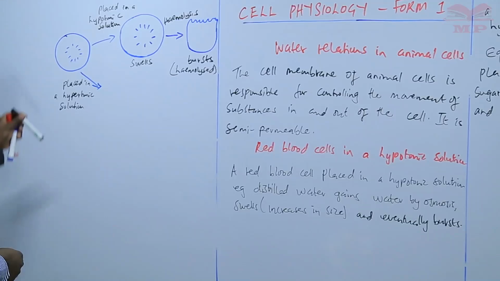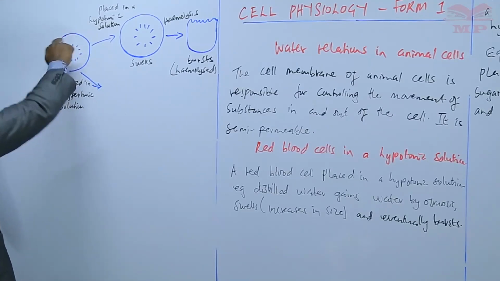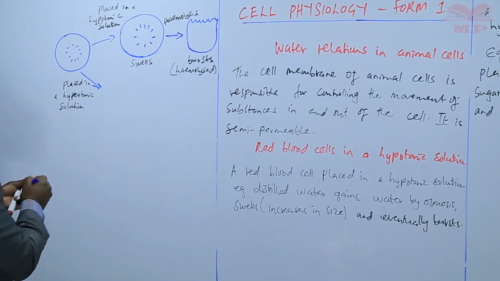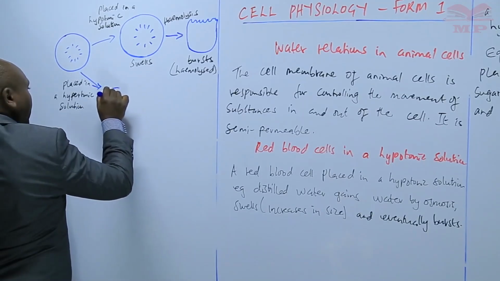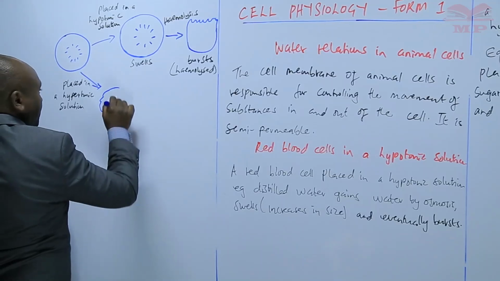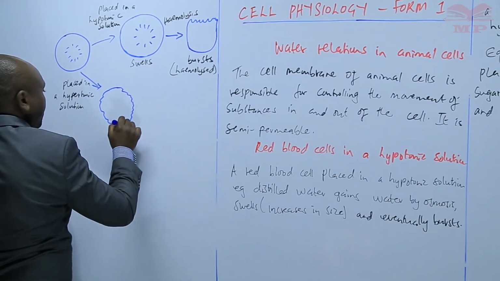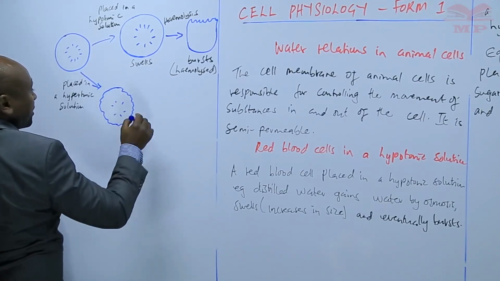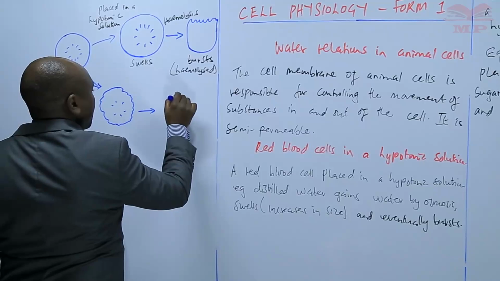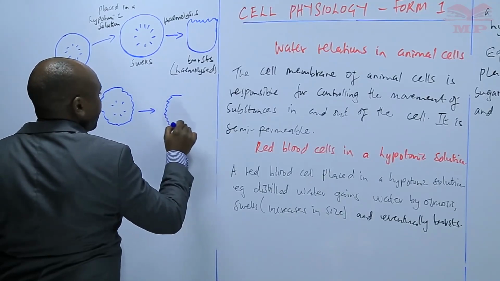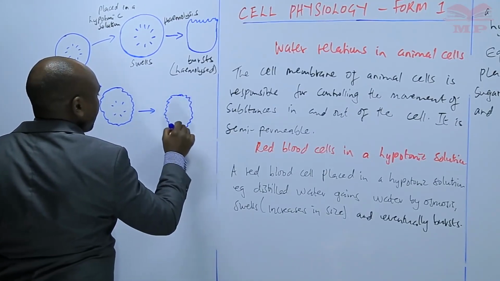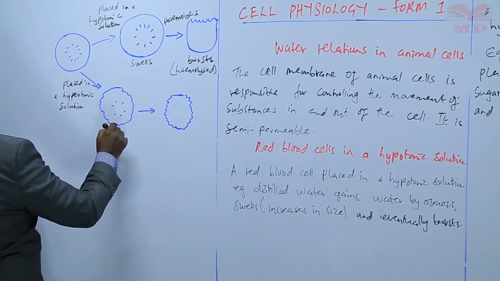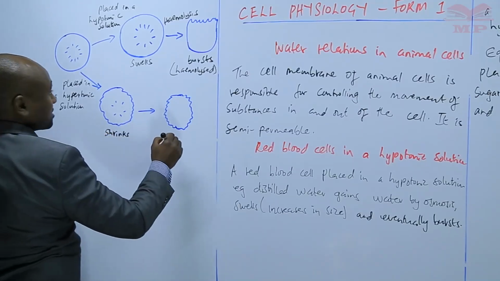On the other hand, if the same red blood cell is placed in a hypertonic solution, it tends to shrink. So it shrinks and becomes crenated.